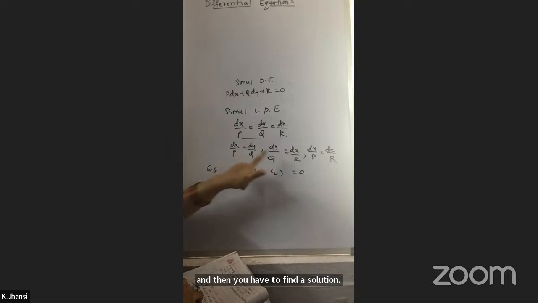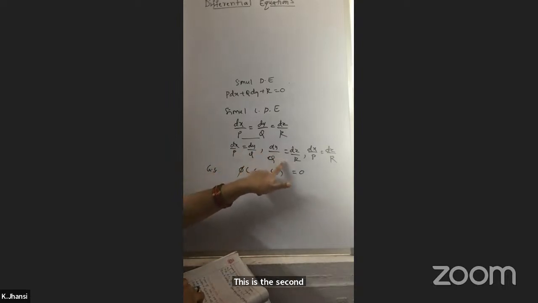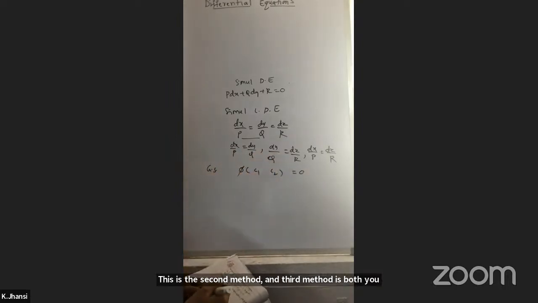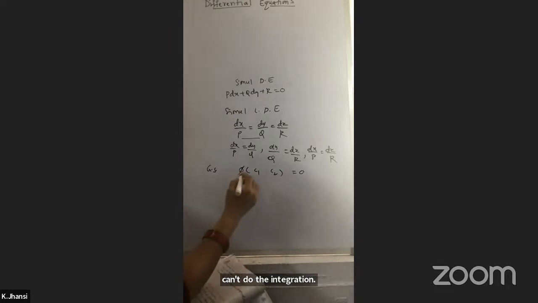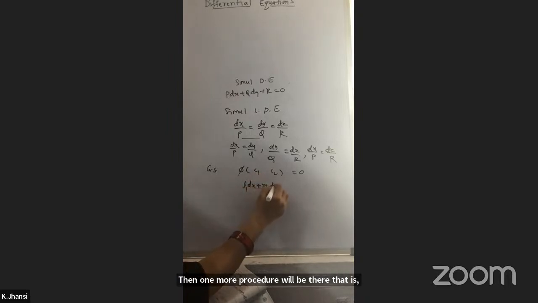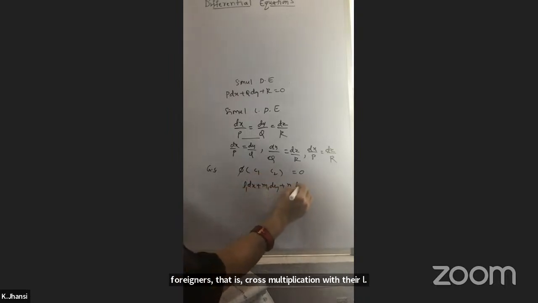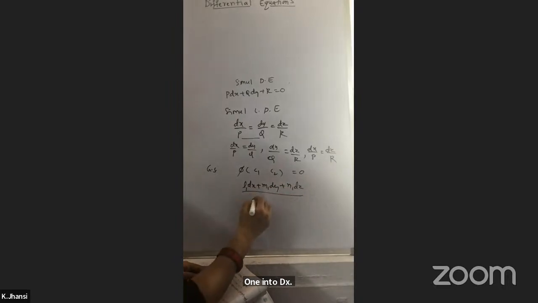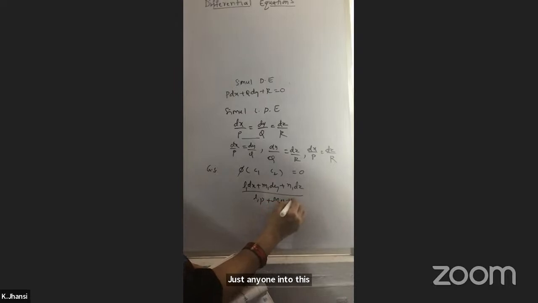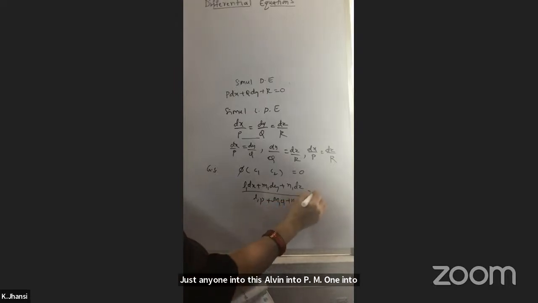And the third method is when you can't do the integration for both. Then one more procedure is there, that is cross multiplication: L1 into dx plus M1 into dy plus N1 into dz, over L1 into P plus M1 into Q plus N1 into R is equal to 0.